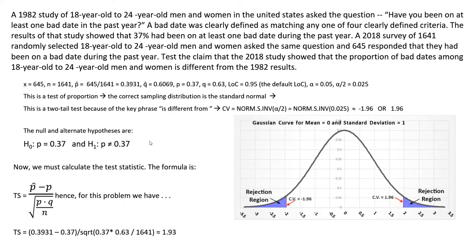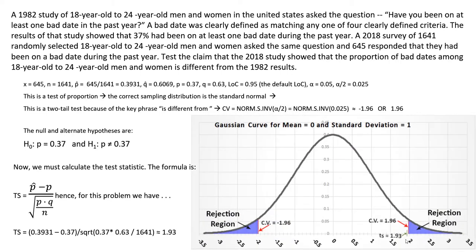Of course, we have to calculate the test statistic, and the formula is the same as it always was, and that comes out to be, my test statistic is positive 1.93. Now, 1.93 ends up being not inside of either rejection region.